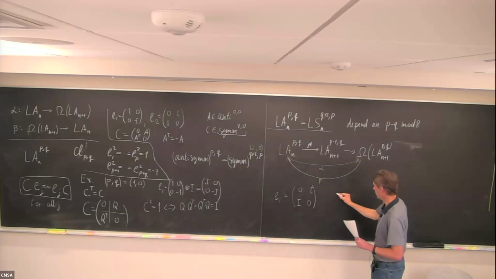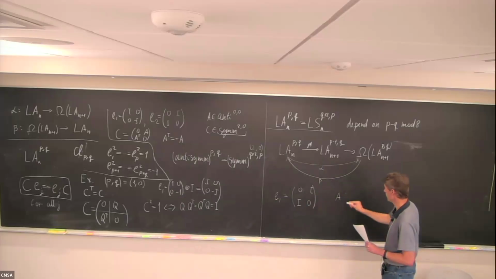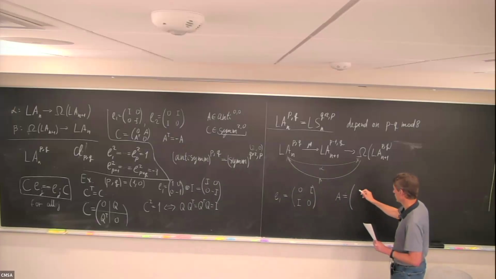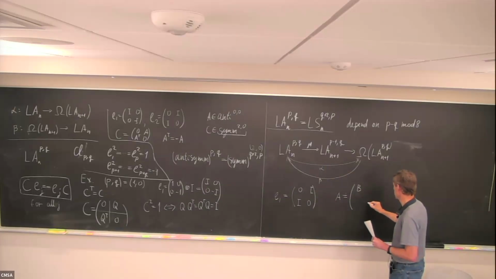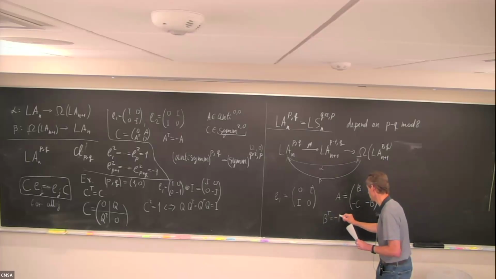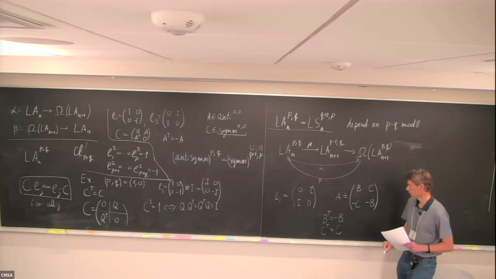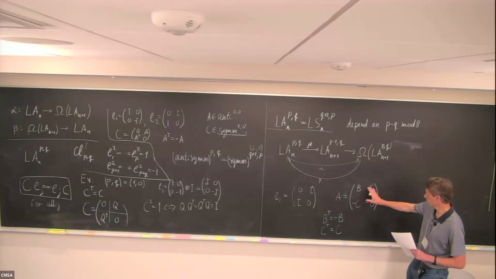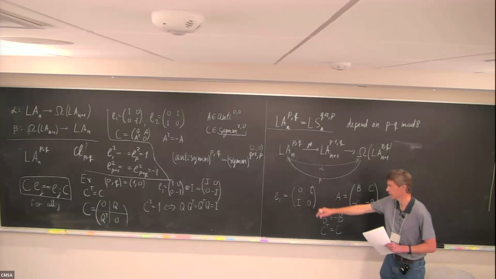And an anti-symmetric matrix A that anti-commutes with this Clifford generator has the form A0, B, minus B P minus C. This is a general form.